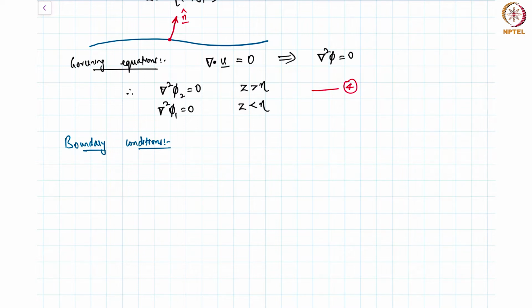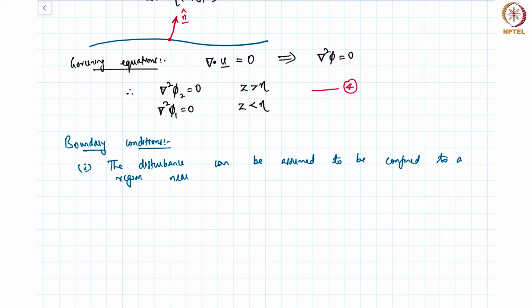The first thing is we can impose far field boundary conditions. Far field boundary conditions are the conditions which say that the disturbance can be assumed to be confined to a region near the interface.